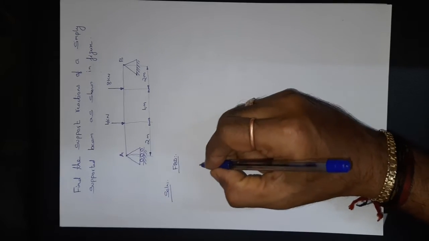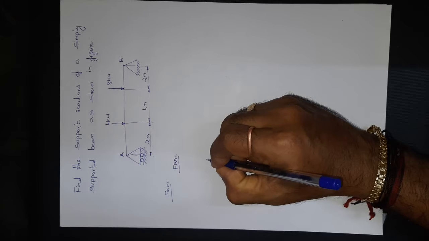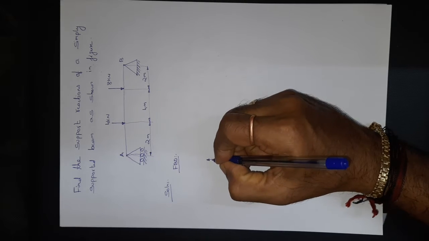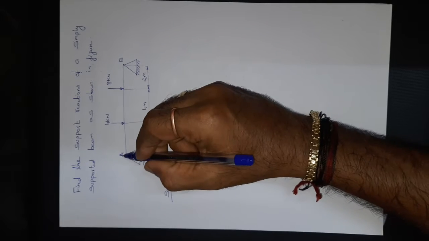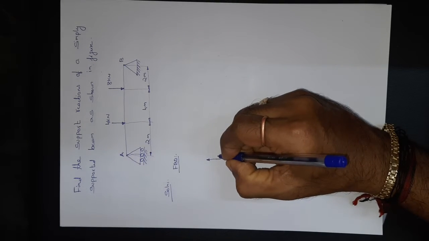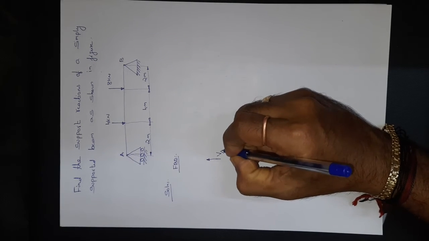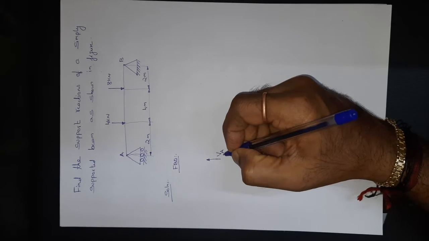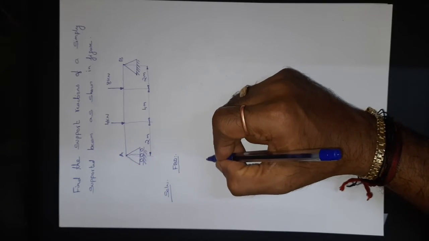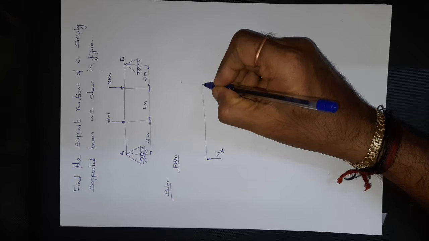Let me take the reaction for the rocker or roller support. It is acting at point A. Let me take this as a vertical force, that is, the vertical reaction at point A. And this is the beam.